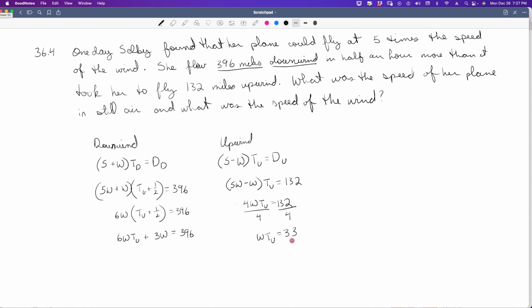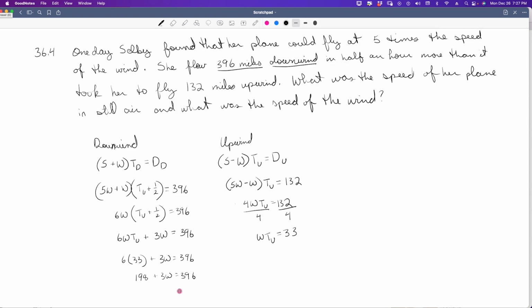All right, so WTU is 33. So now we have a value that we can substitute in here. So 6 times 33 plus 3 equals 396. 6 times 33 is 198, plus 3 equals 396.